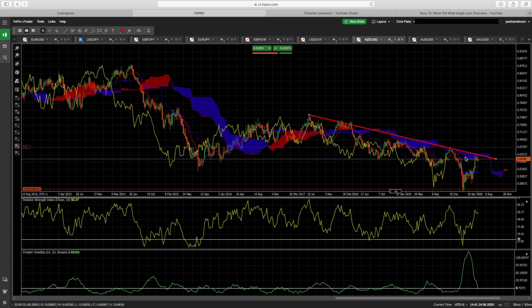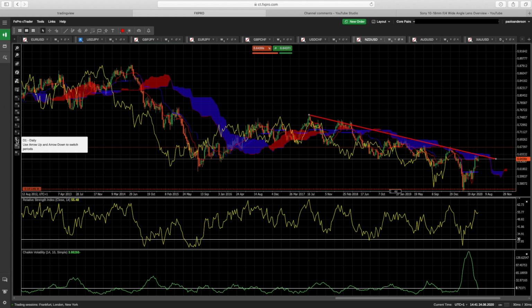So on the weekly, we can easily see where price action is going to be heading over the next few weeks, and we'll be expecting this level to be tested to satisfy the formation of that flag, but then we'll be expecting a pullback down to lows of 0.56, 0.57 lows.